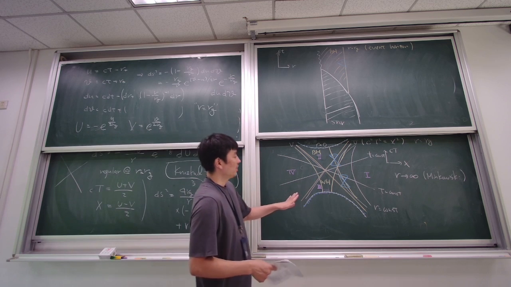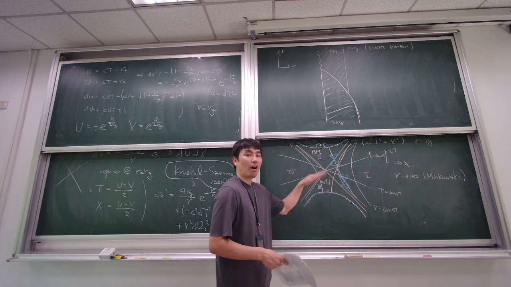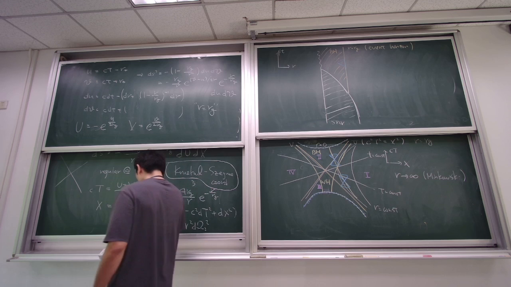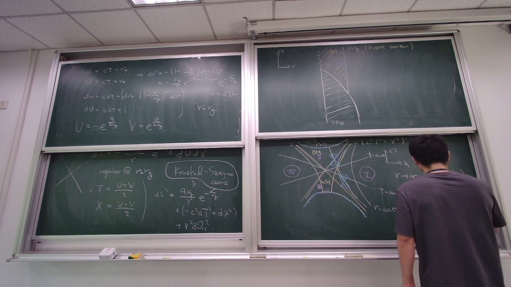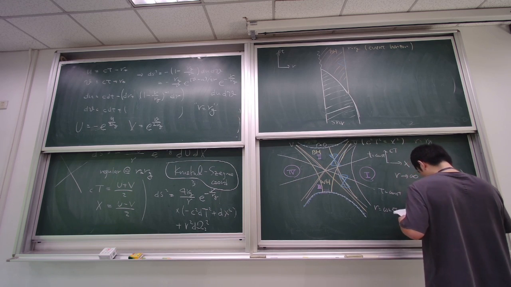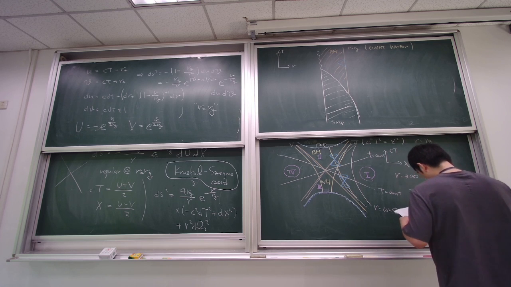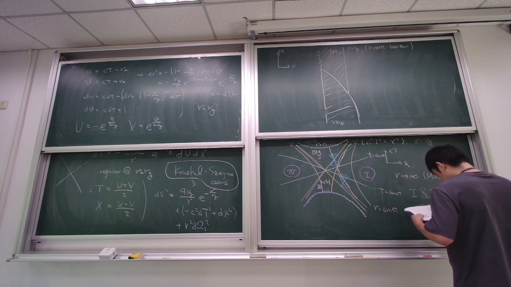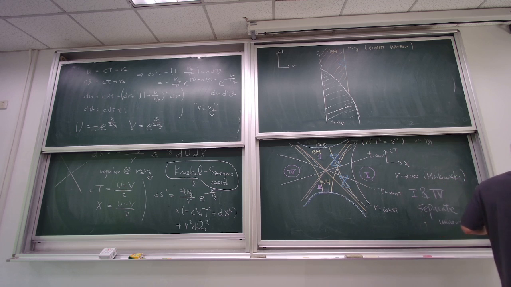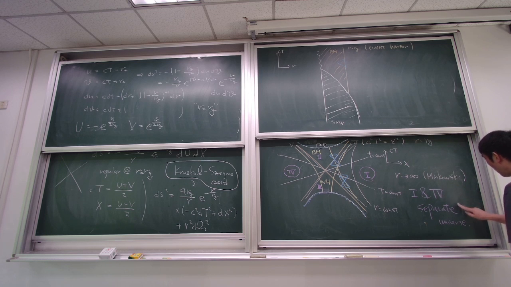Then 1 and 4 are called separate universes, disconnected, parallel universes.